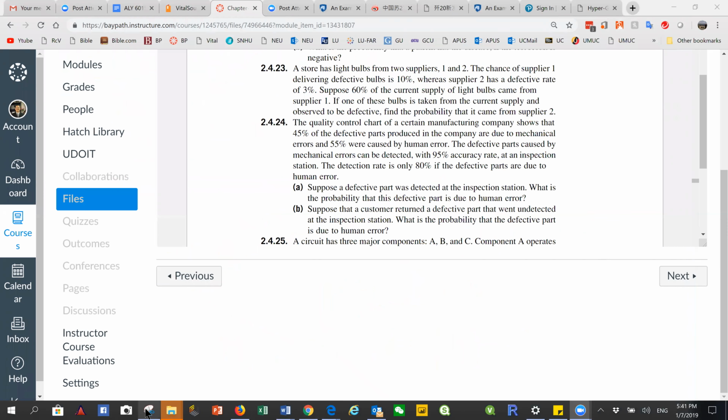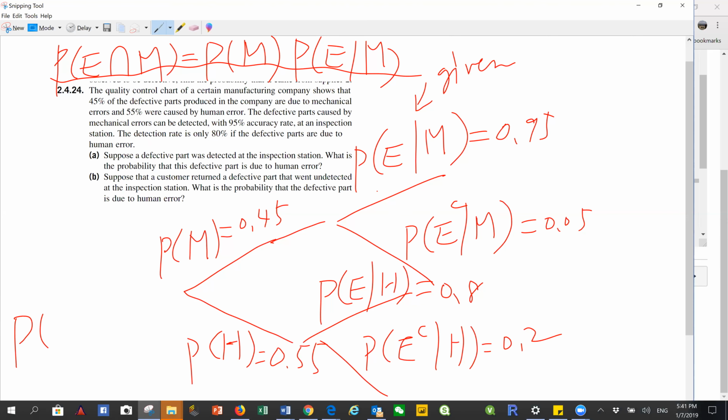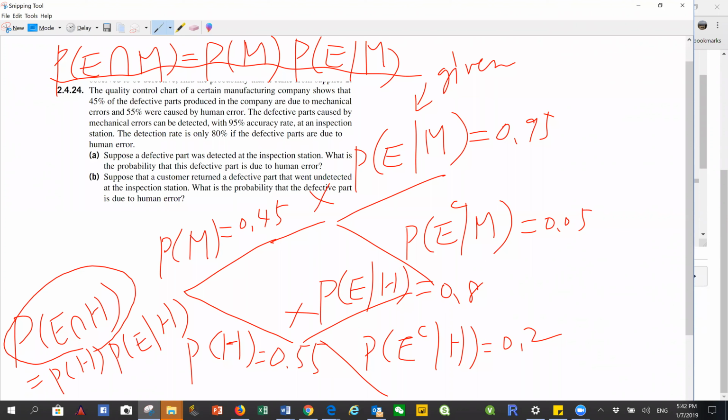Not yet. The probability of error due to human is the probability of human times the probability of error given human. So you have these numbers: this times that, and this times that will give you these two error probabilities.